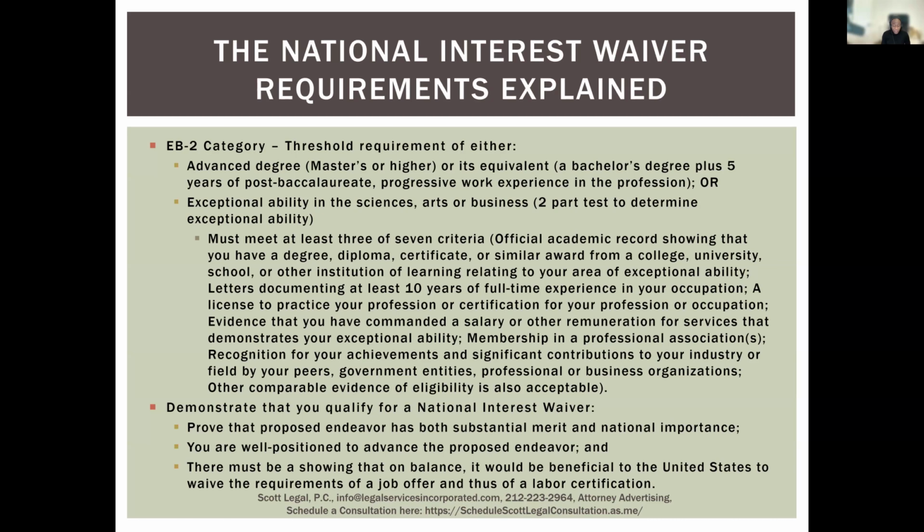If it's business or entrepreneur, it could be that your company is well capitalized. It could be that you're accepted into a particular type of incubator, if you're a tech startup, something that's really showing that you are going to be able to accomplish what it is that you said.